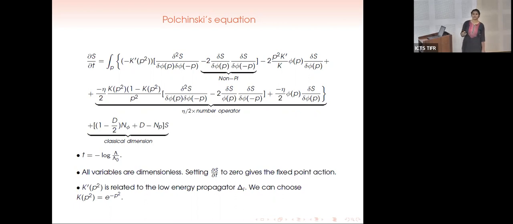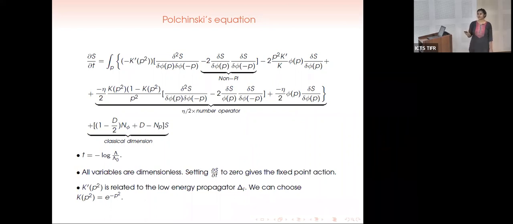Whenever we change scale, the effective dimension of phi also changes, so we have to change scale in such a way that the kinetic term is standard every time. For that, usually in QFT, if you do a field redefinition, you are left with a term proportional to the equation of motion operator.